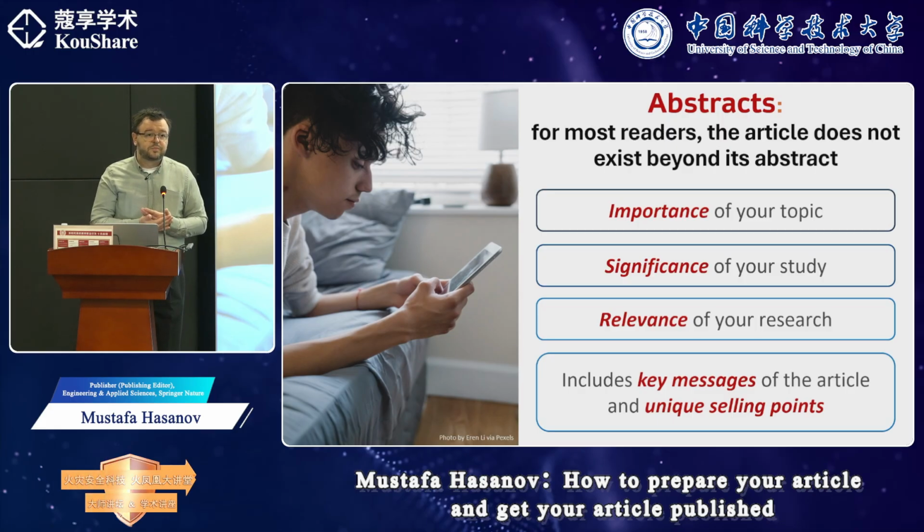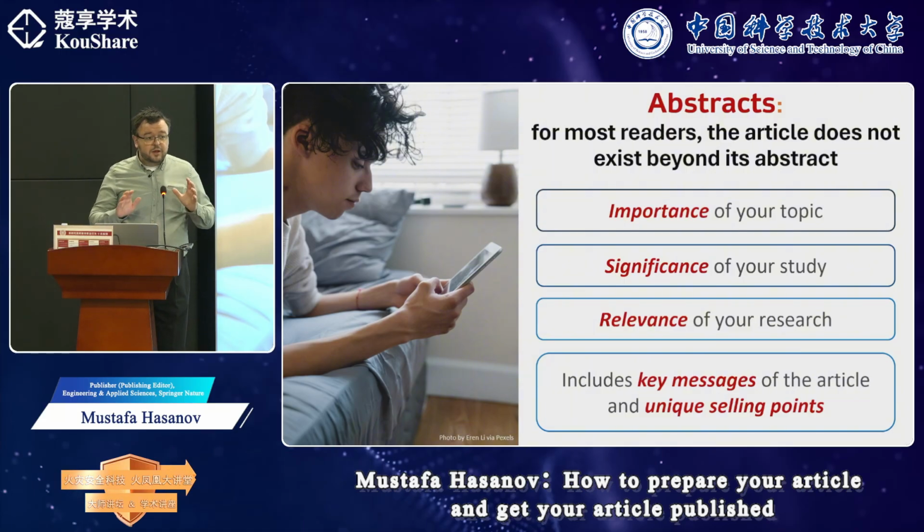This is an element that a lot of people forget in their abstracts, but it must be there. The rest is also important, like the background, the relevance, the findings. Of course it's important, but imagine when you read an abstract and you don't like it, you also don't read the paper. So it's the business card of your article.